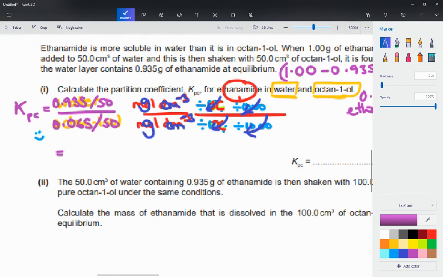In actual fact, the smarties amongst you will also realize that the 50s cancel out, which makes this a very pretty question. So the answer is simply 0.935 divided by 0.065, and the answer comes out as 14.38461538.